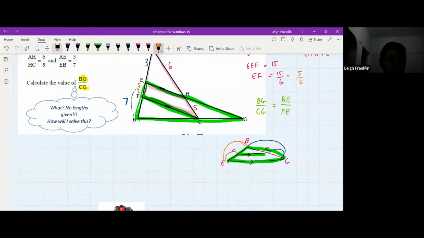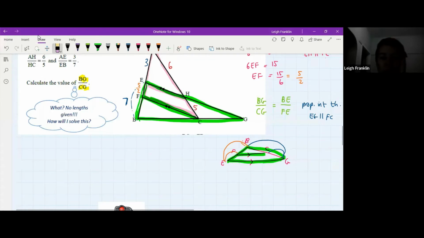Yes, ma'am. You sure? Yes, ma'am. So again, proportionality, the intercept theorem. We're working in the green triangle where EG is parallel to FC. Good to be there. Now we can put in the things that we calculated.